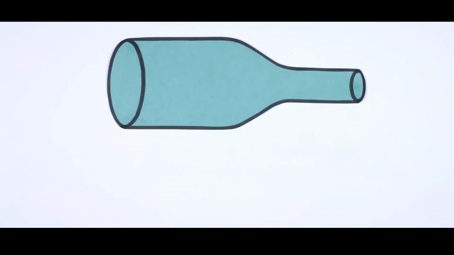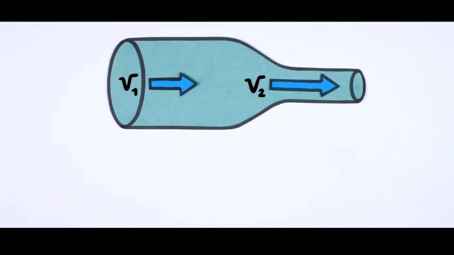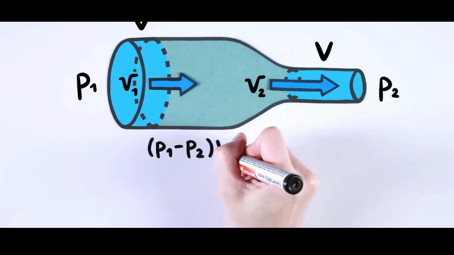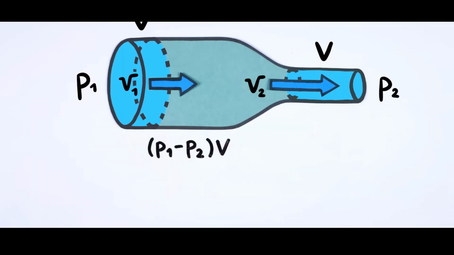Let us consider water flowing inside a variable cross-section pipe. The volume of water V enters the pipe from the left end and leaves the pipe on its right end. The difference of pressures at the ends of the pipe does mechanical work, which equals (P1 minus P2) multiplied by V. When there are no losses, all this work goes to increase the kinetic energy of water.